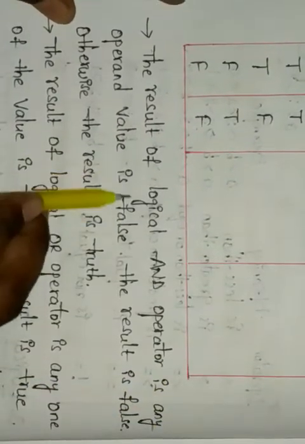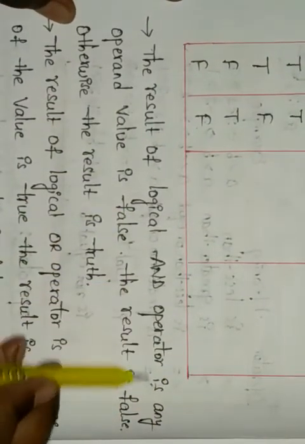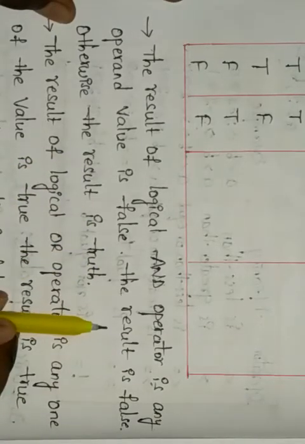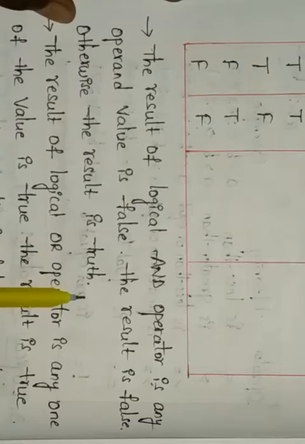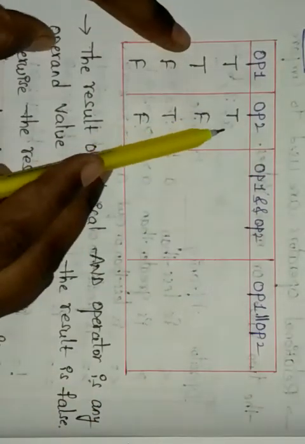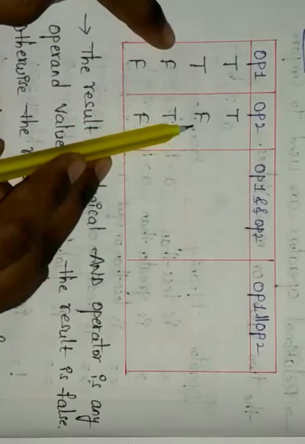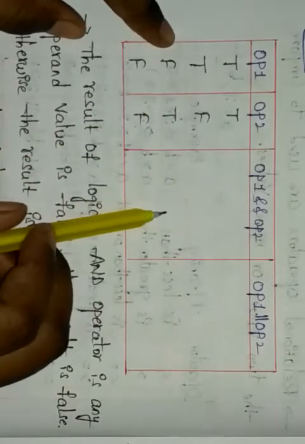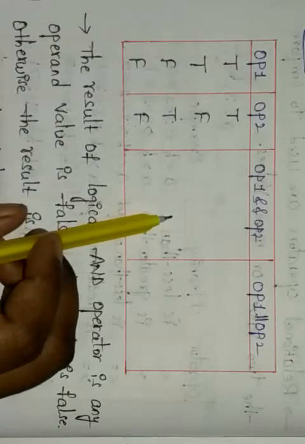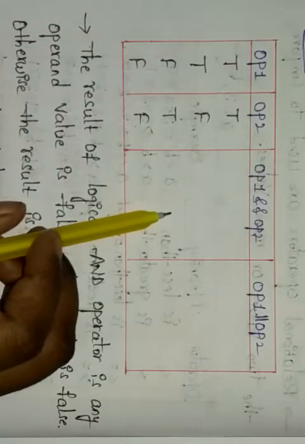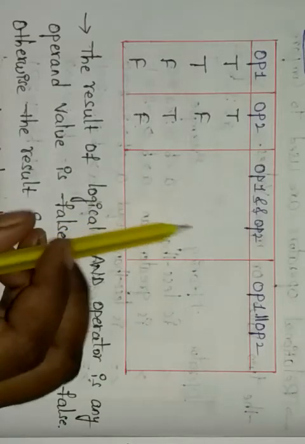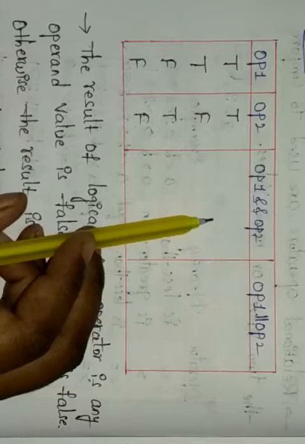See, for the logical AND operator, if any operand value is false, the result is false. Otherwise, the result is true. So if any one operand is false, the result is false only. Definitely we need true values only. If any one is false, automatically the AND operator gives false.